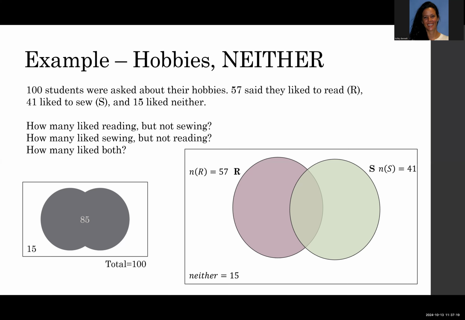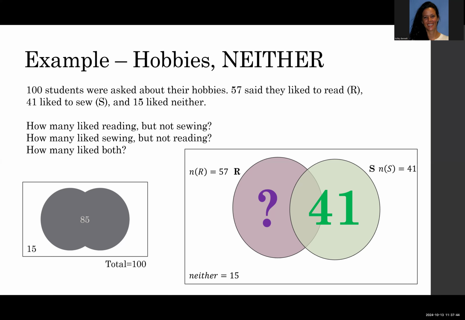Here's how we're going to do it. Start with one side. So we'll start with sewing. The whole sewing circle is 41. I know that the two circles together gives me 85. So what would have to be this missing crescent piece over here, this reading only, this R outside of S?